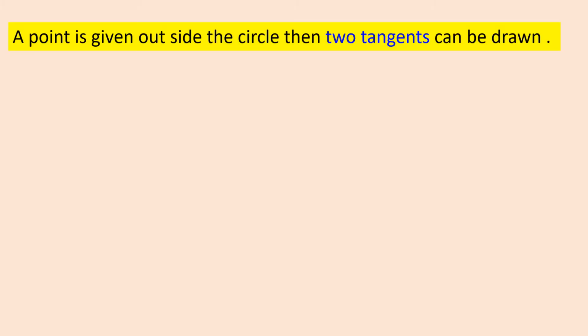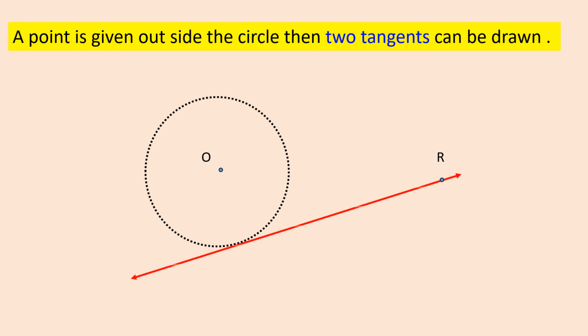Here a point is given outside the circle. Then how many tangents can be drawn? Here is the center O, and now the point R is given outside. How many tangents can be drawn? As it is given, two tangents can be drawn.